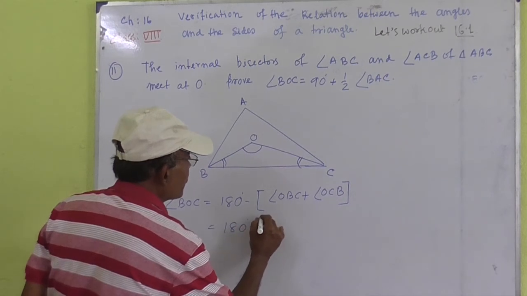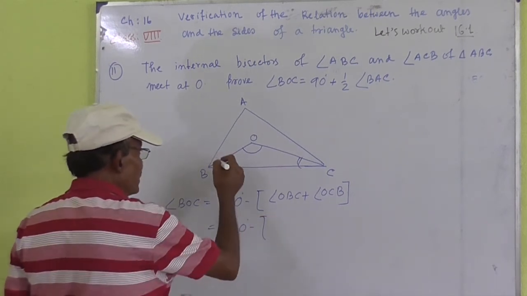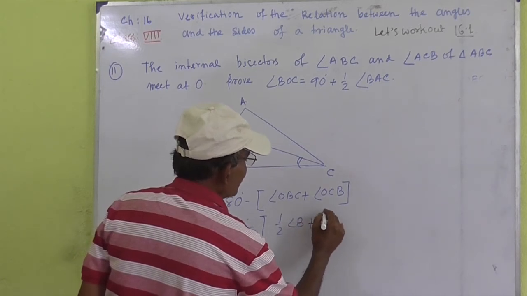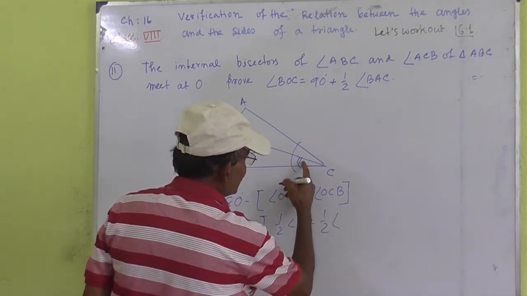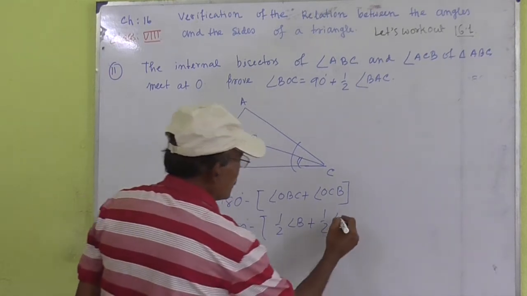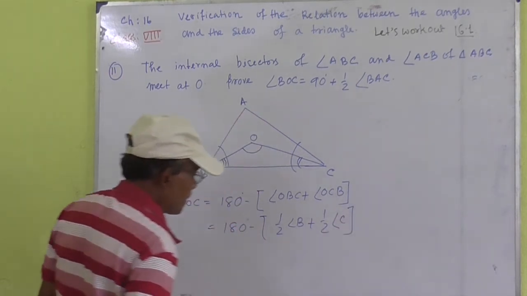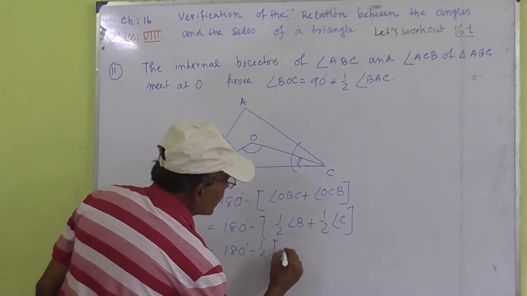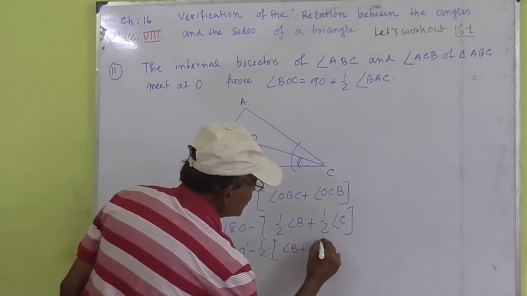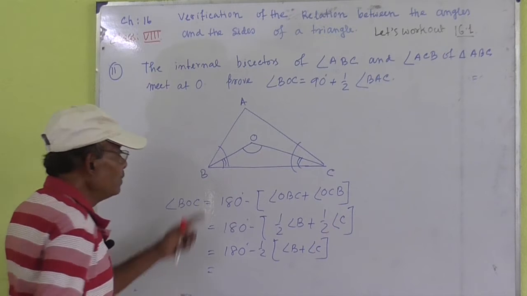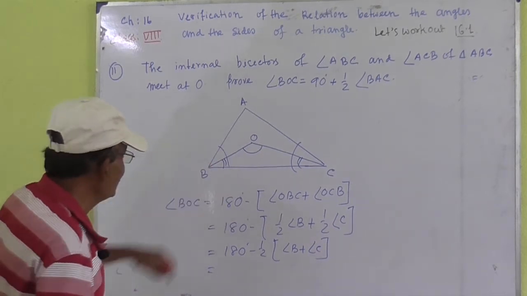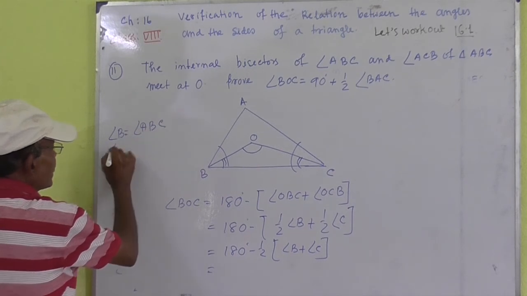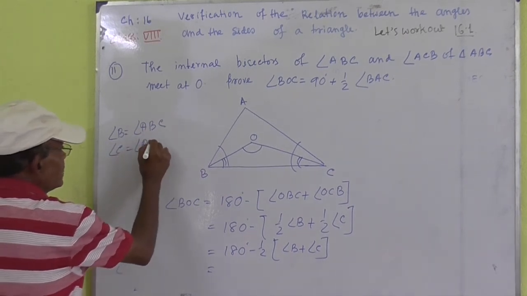OBC means the bisector of angle B, so we may write half angle B, and this angle is the bisector of angle C. So, 180 minus, we take common half, angle B plus angle C. Angle B means the total angle ABC and angle C means angle ACB.